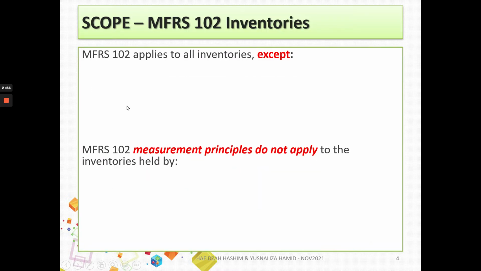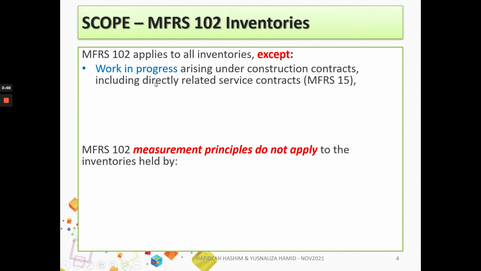So MFRS 102, which is also equivalent to IAS 2 Inventories at the international standards, applies to all inventories except work in progress that arises under the construction contract, because this is not related to inventories but is related to revenue, which is under MFRS 15, Revenue from Contracts with Customers.